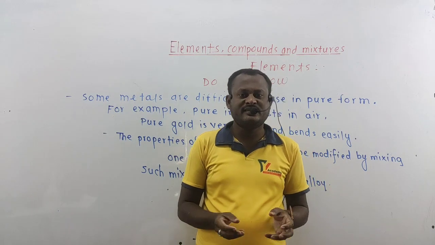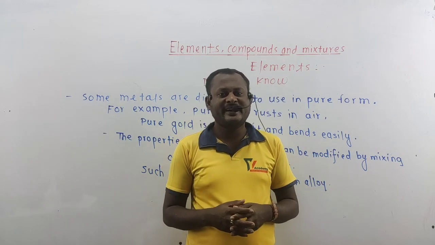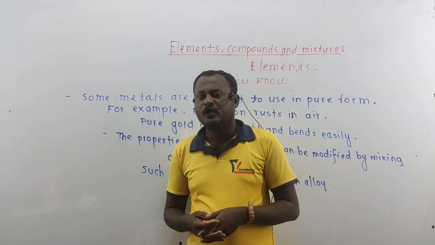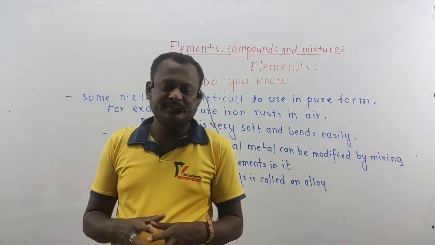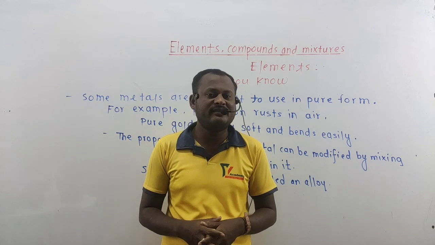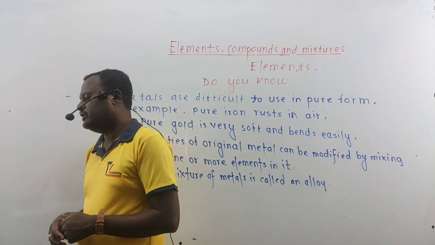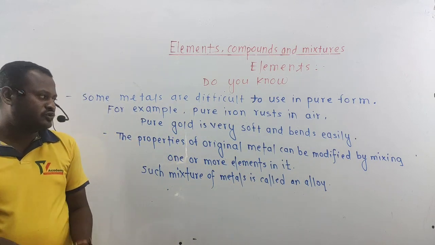That's why we mix one or more elements in that original element, and that mixture of metals formed is called an alloy. alloyला आपण संमिश्र पण म्हणू शकतो.